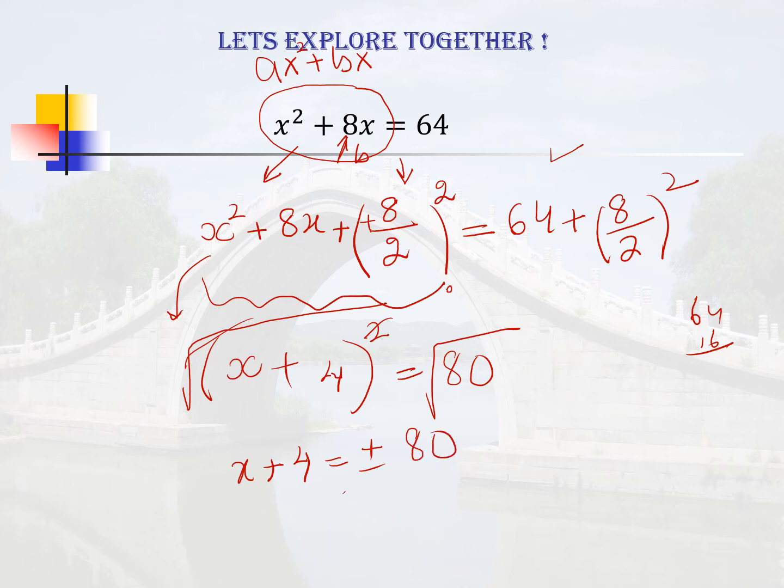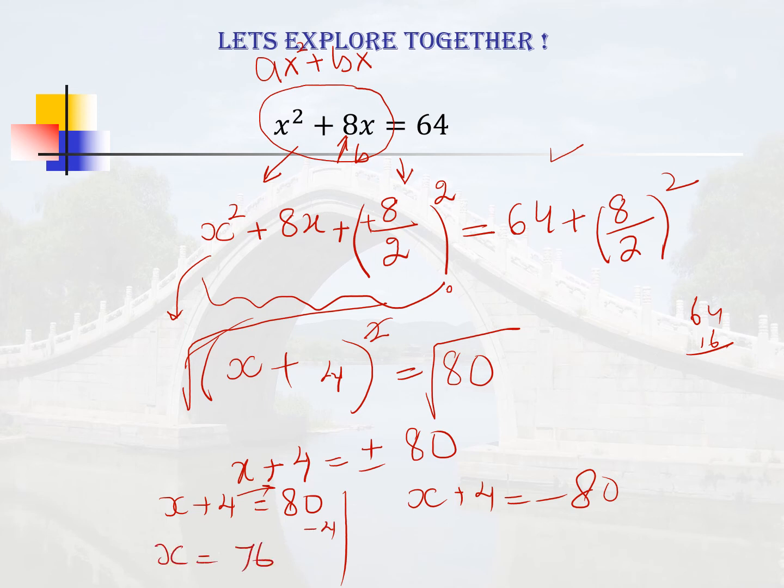So now to solve for x, one time you will write x plus 4 equals 80 and one time you will write x plus 4 equals negative 80. Now bring the 4 here, it becomes negative 4, so you will get x equals 76. Here bring the 4 on the other side, it becomes negative 4, so it will give you x equals negative 84.